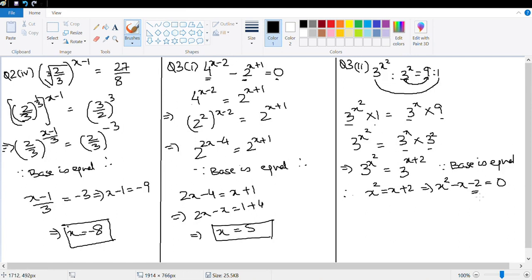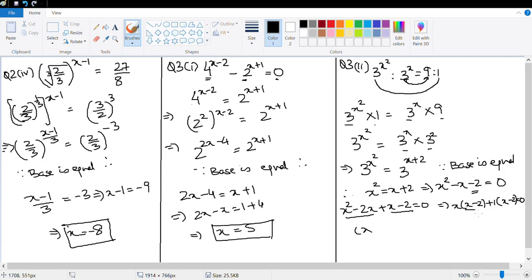This looks like a quadratic equation, and we've learned how to solve a quadratic equation. I need to find factors of negative 2, the sum of which will be negative 1. So yeah, perfect. So the factors will be negative 2 and 1. So x square minus 2x plus x minus 2 is equal to 0. Let's group it like this, which means x times x minus 2 plus 1 times x minus 2 is equal to 0.